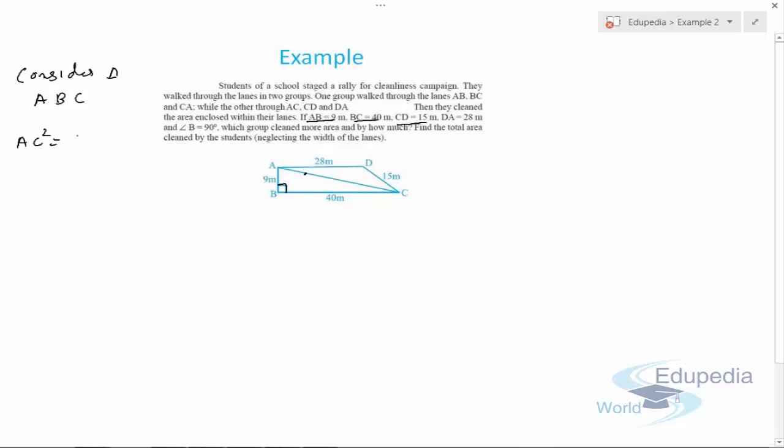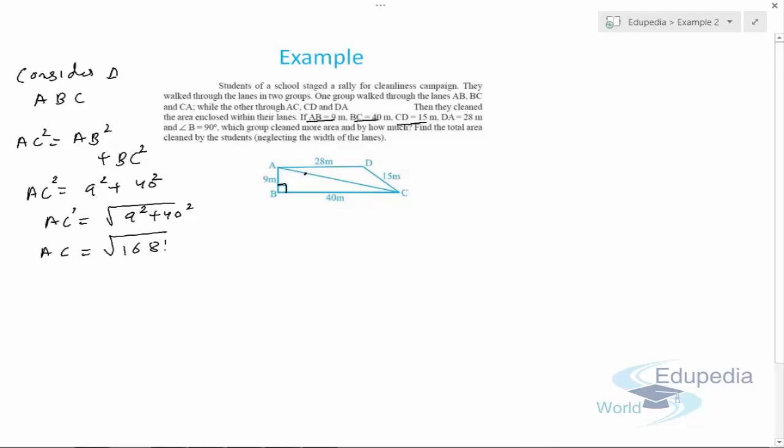AC square equals AB square plus BC square, so AC will be under root 9 square plus 40 square. So AC will come out to be under root of 1681, which is 41 meter.